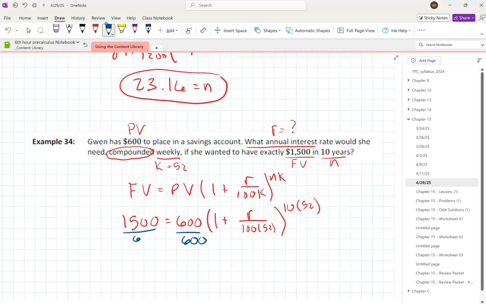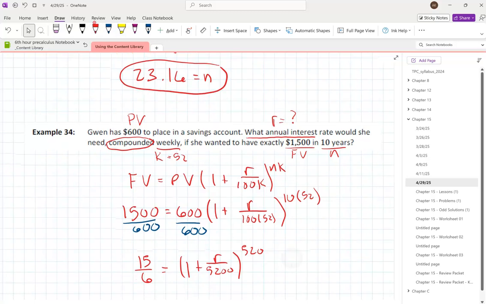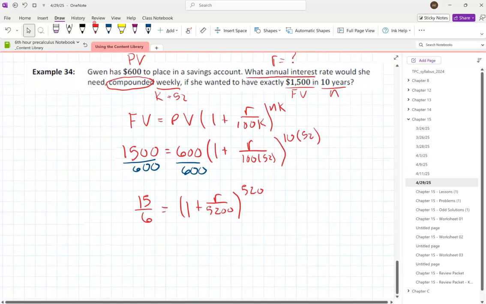Yes, sir. So just like before, we'll start by getting the part with the exponent by itself. Now I recognize that 15/6 can reduce a little more, but it's all going in my calculator anyways.